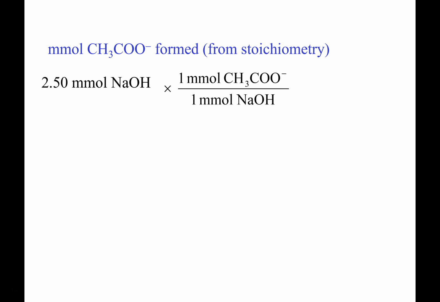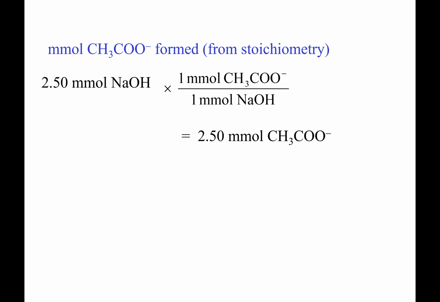Well, let's do the stoichiometry. At this point of the titration, we have 2.50 millimoles of NaOH. Stoichiometry is 1:1, millimoles of CH3COO negative to millimoles of NaOH. So yeah, we have 2.50 millimoles of CH3COO negative there.